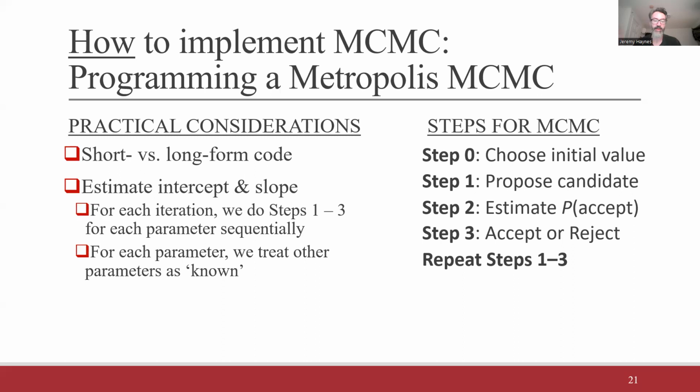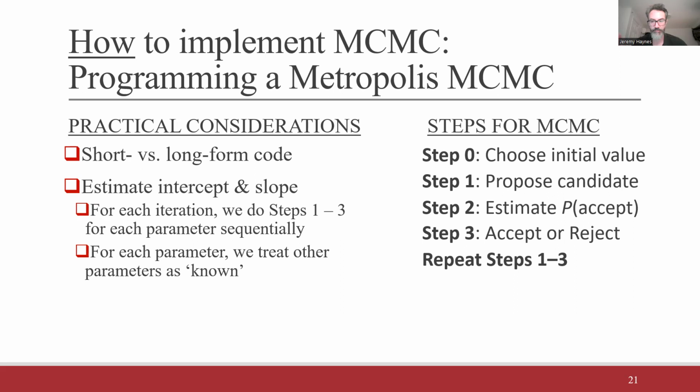And then after we generate our candidate value for the intercept and decide whether we accept or reject it, we're going to move on to the slope and do the exact same thing, but here we'll treat the intercept as a known value based off of the most recently used value of the posterior distribution.